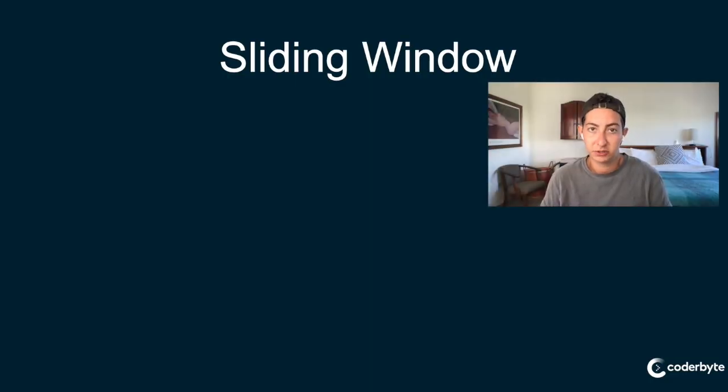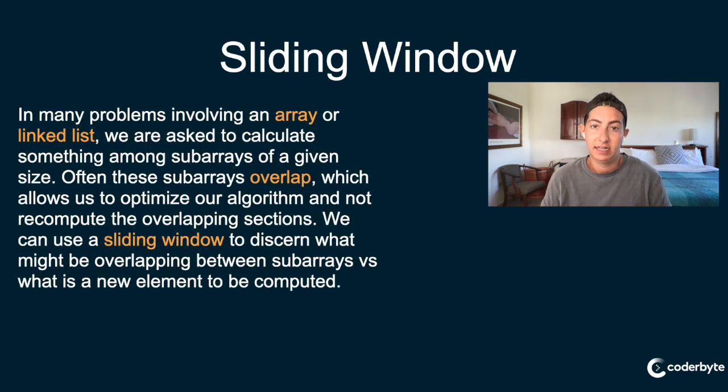As per usual, let's review a little bit what this pattern is all about. This pattern is called sliding window. In general, we use it with problems involving arrays or linked lists where we're asked to calculate something among the subarrays of a given size. Different problems will ask for different kinds of subarrays, right? Often these subarrays overlap, which allows us to optimize our algorithm, so we don't have to recompute all of those overlapping sections.